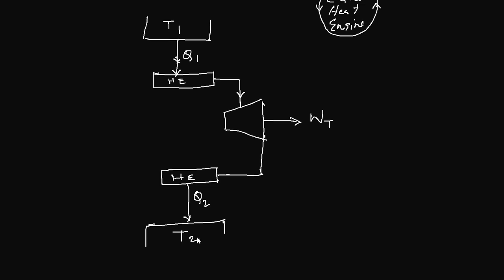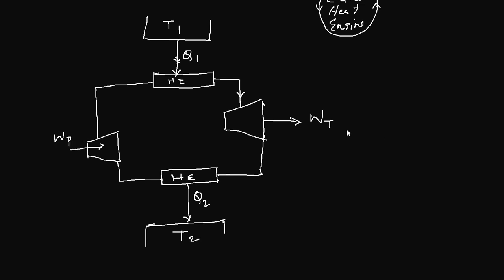Now the heat-rejected working fluid will be pumped back. So you will have a pump here, and the working fluid will be pumped back into the top high temperature heat exchanger, and here you will need to provide a pump work.